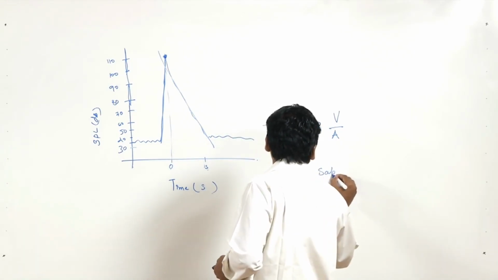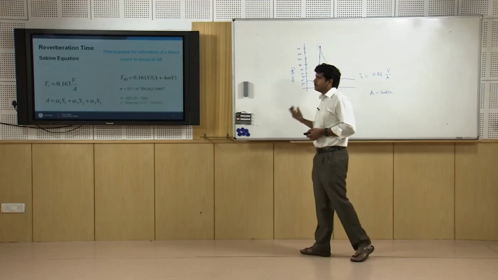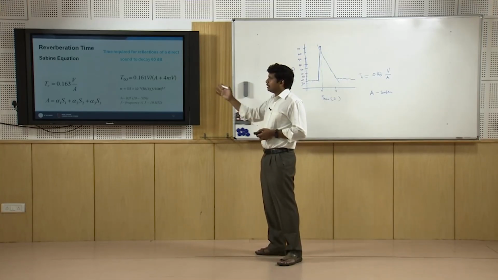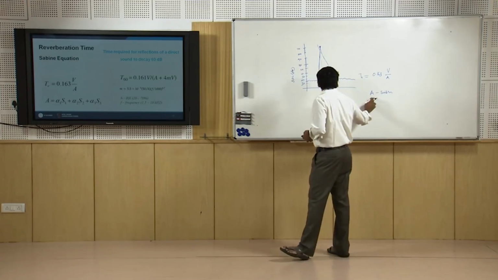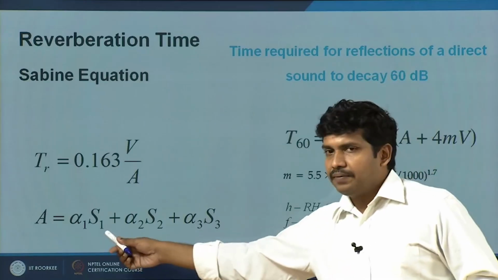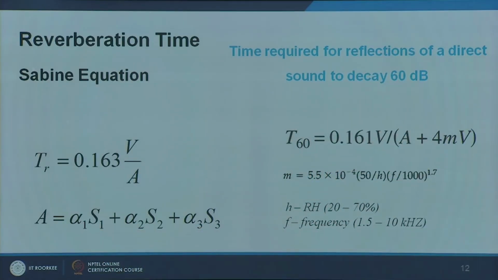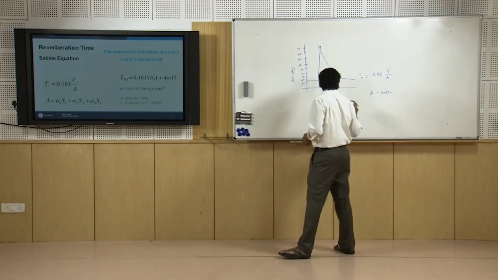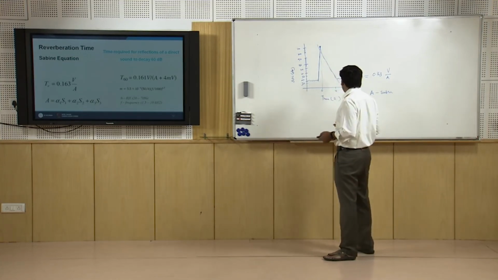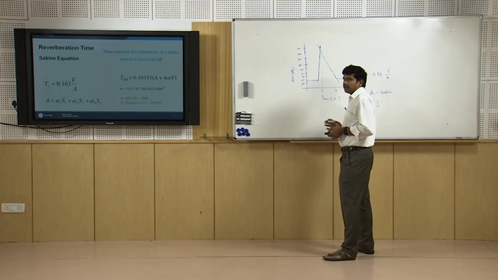It is expressed in Sabins. Sabine is the name of the person who did all these physical experiments, and finally he derived a relation between these parameters. A actually is a factor of S, the surface area, and alpha, the absorption coefficient. We will look at more about absorption coefficients in one of the following sections. Alpha is the absorption coefficient of a material, and S is the surface area of that particular material.